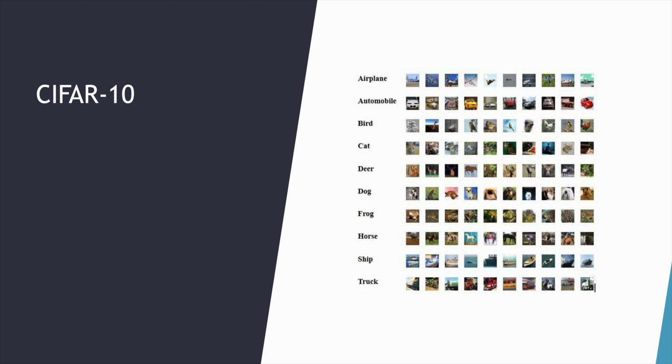For this project, I have used the CIFAR10 dataset. It is very widely used and very well known for training image classification models. It has about 60,000 images of size 32 by 32 pixels, which are divided evenly into 10 classes such as airplane, automobile, bird, cat, and so on.